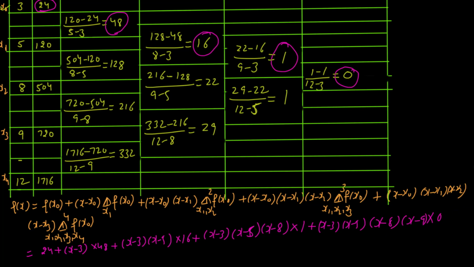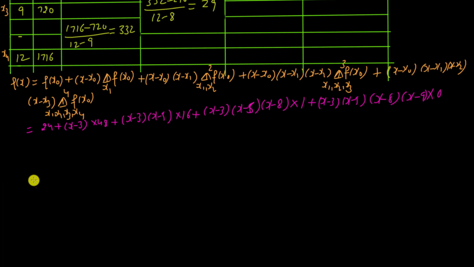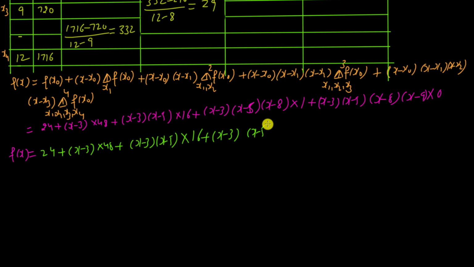So this will yield f of x is equal to 24 plus x minus 3 into 48 plus x minus 3, x minus 5 into 16 plus x minus 3, x minus 5, x minus 8 plus x minus 3. Anything multiplied by 0 is 0, so I am going to make it as 0.